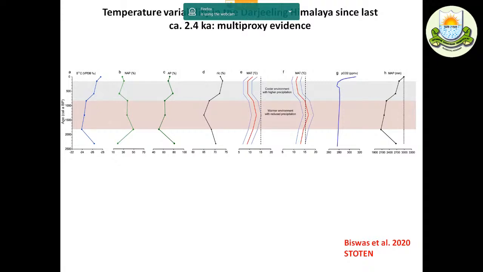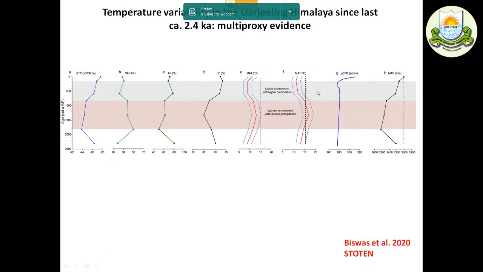We found that in both cases the MAT reconstruction follows a similar trend, but with the conventional IC, the MAT is all along below the present-day temperature, so it is not going to work. With the revised IC for the Himalaya, the MAT variation is realistic. The blue lines are the 95% confidence interval of the reconstructed data.